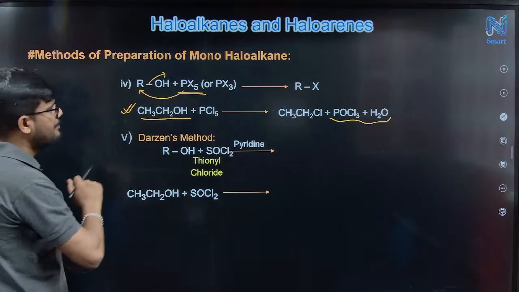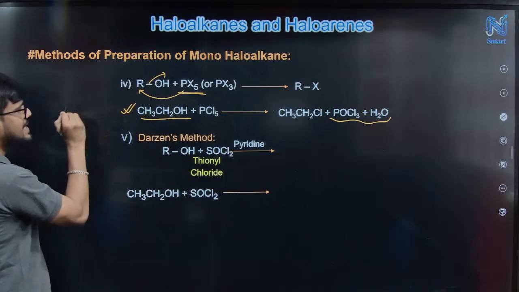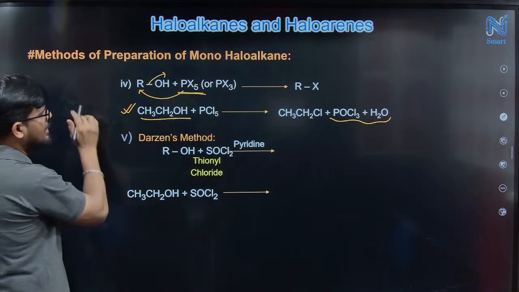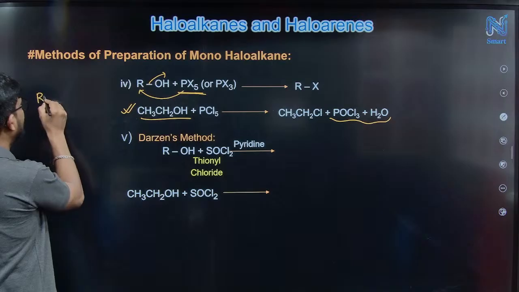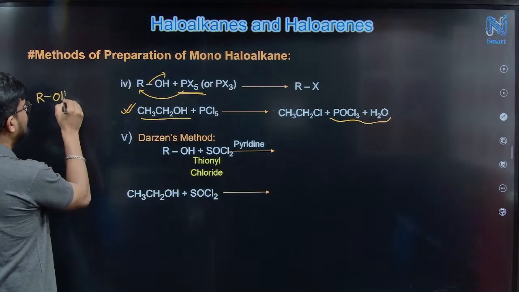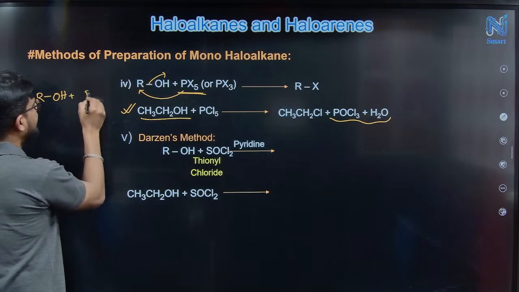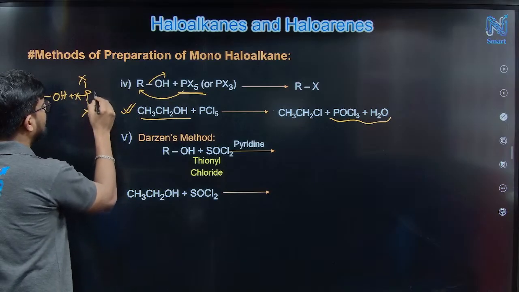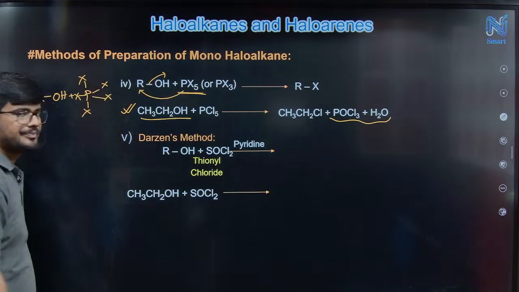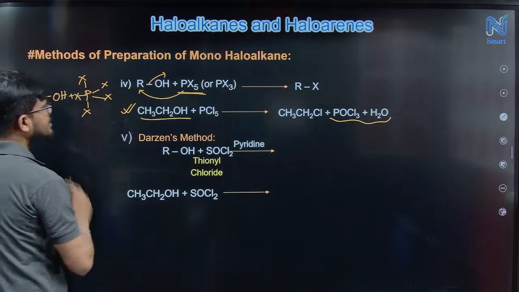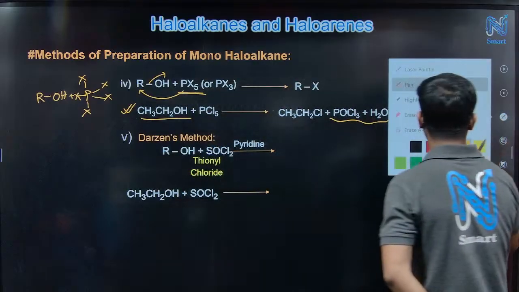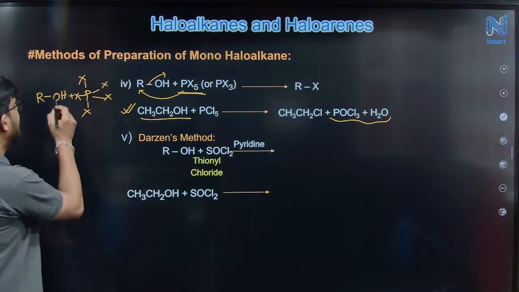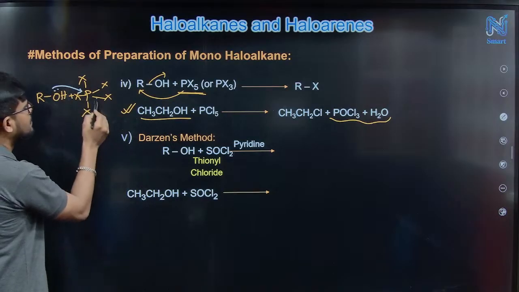So let's see this mechanism; it will be easier. Let's consider ROH, and here we have P with five X. In ROH, oxygen has a lone pair, so it will attack this phosphorus.